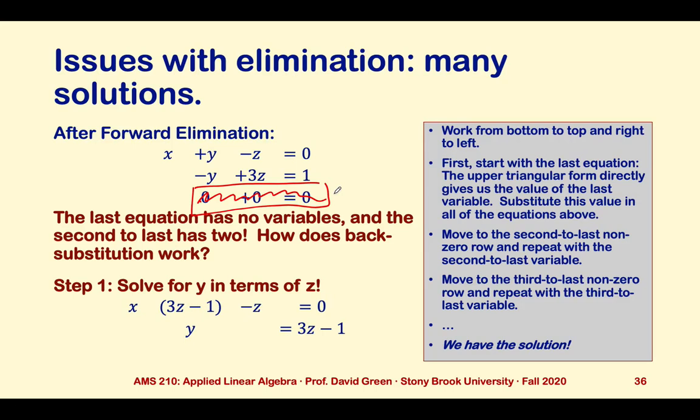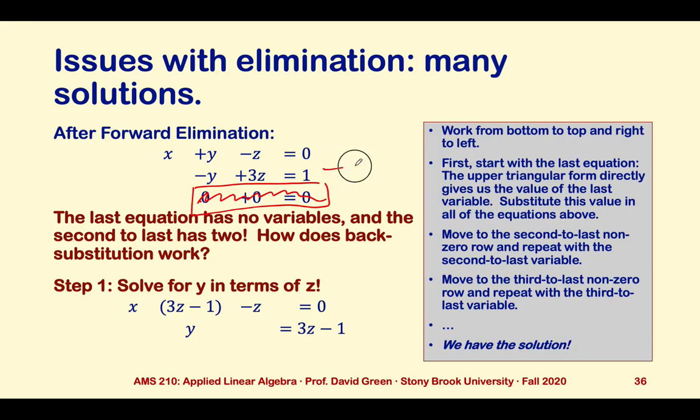In that case, we have nowhere more to go. We have reached our last equation. We can't continue moving downward. We are in our upper triangular form. All right. So, given that, the next thing we should do is to do back substitution.